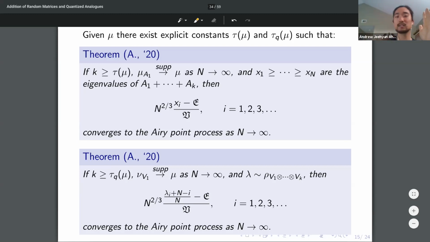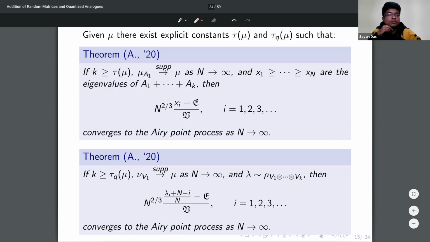And so this doesn't even have square root decay at the edge of the support. So the right scaling there is on the scale of 1/n squared at the edge, and you really don't expect to see the Airy point process.